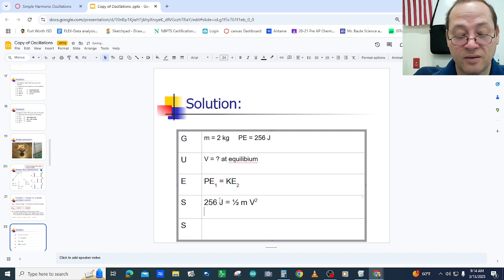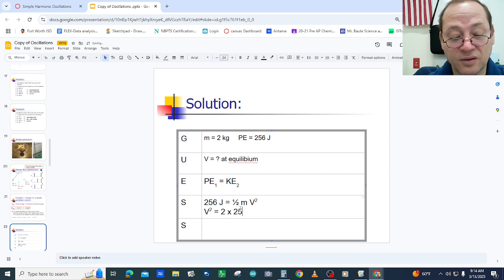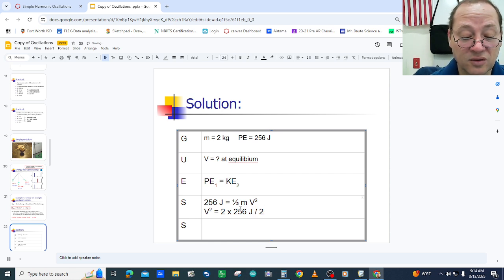So you can find the square of the velocity as 2 times 256 joules divided by the mass, which is 2 kilograms.